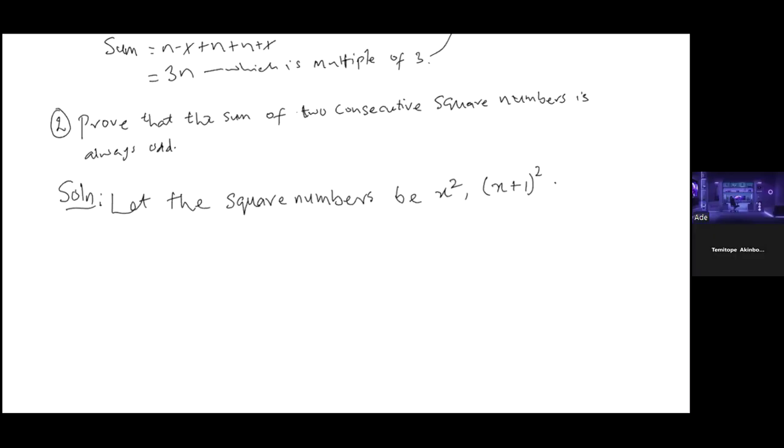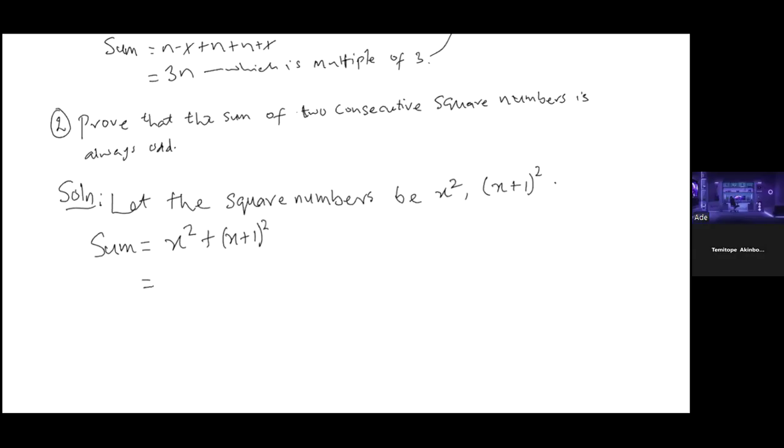Yes, sir. Okay. Now, sum. So let's now sum those numbers. The sum will now be s squared plus (s plus 1) squared. I will now open the bracket, collect like terms where necessary.